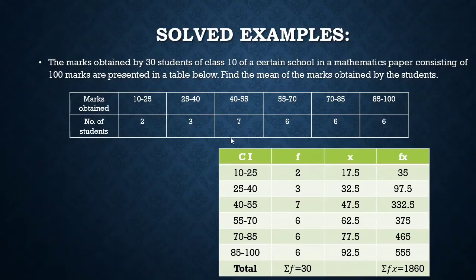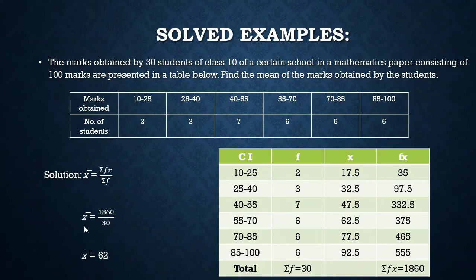So since we now have our values of summation f and summation fx, it is time to calculate the mean. As we know from the formula, mean x bar is equal to summation fx by summation f. So from the table we have the values of summation fx and summation f.